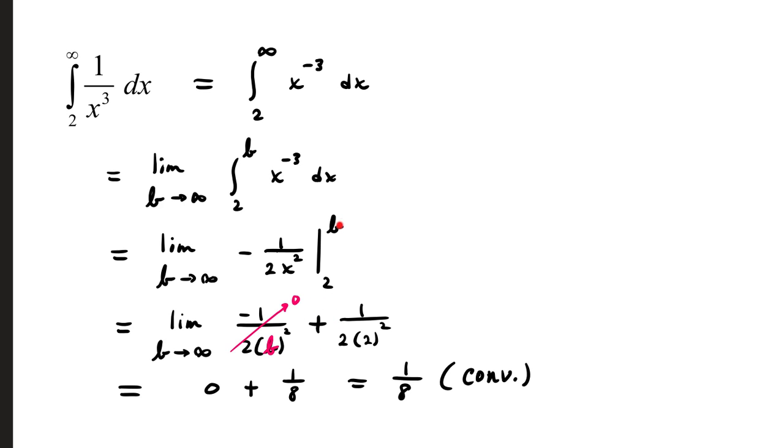Subbing in b and letting it go to infinity, b squared is going to be really large. We have a fixed numerator, an increasingly large denominator. This fraction goes to 0. Minus negative, again, that's why there's a plus sign, 1 over 2 times 2 squared. That 2 goes in for x. That's 4, 8, 1/8. 0 plus 1/8 is a finite number, so this integral converges.